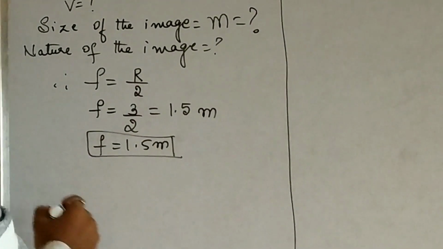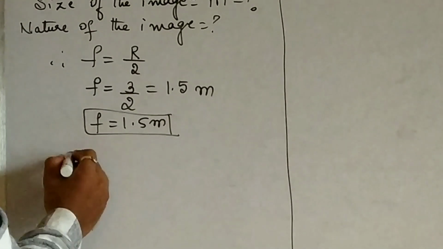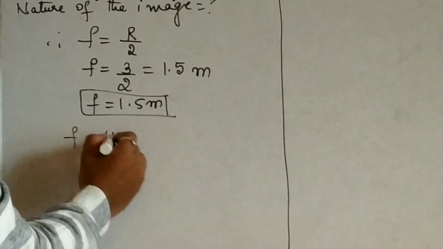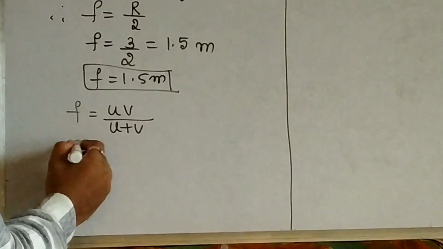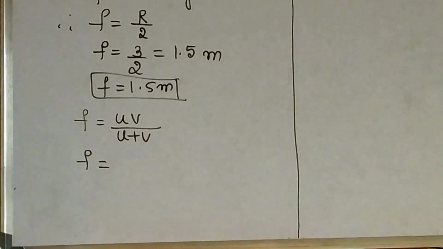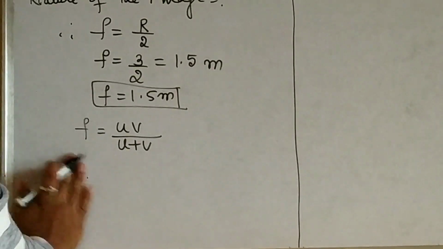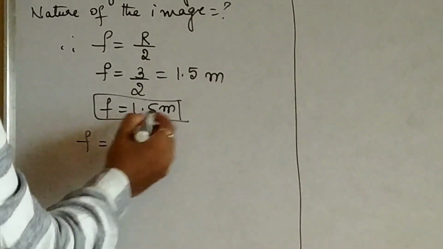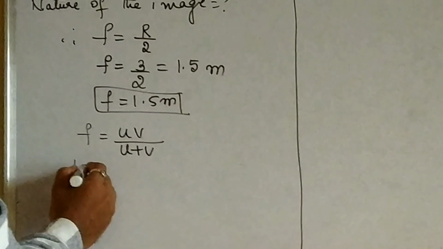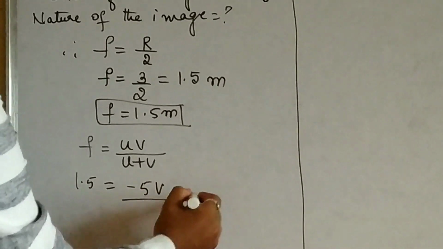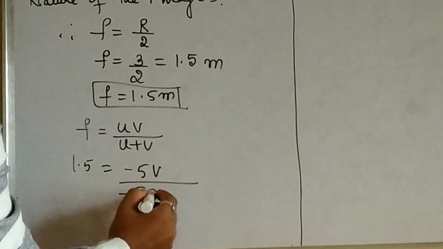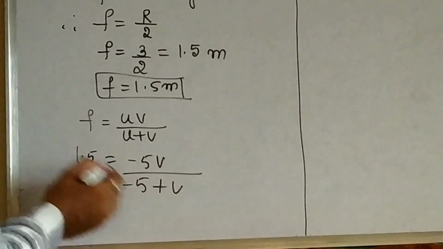Now use the modified mirror formula. F is equal to product by sum. Then what is U? F is given, that is, we have found out F, that is 1.5 is equal to, U is minus 5V divided by minus 5 plus V. Then cross multiply.